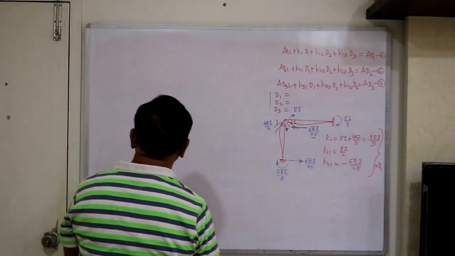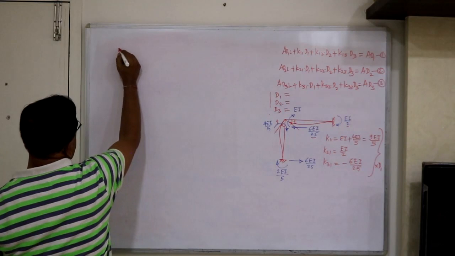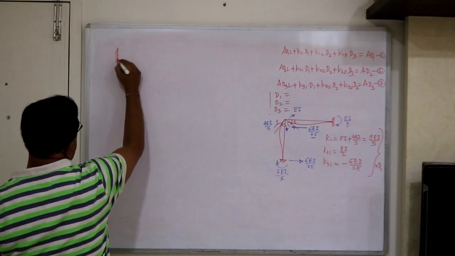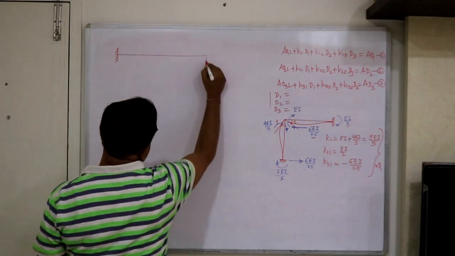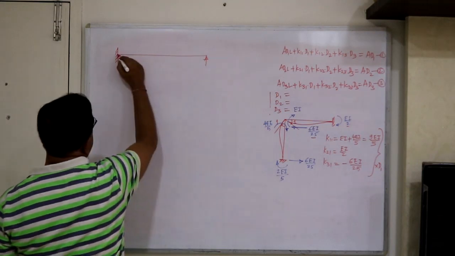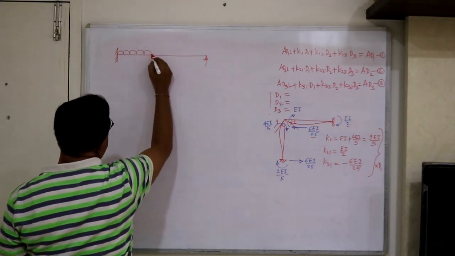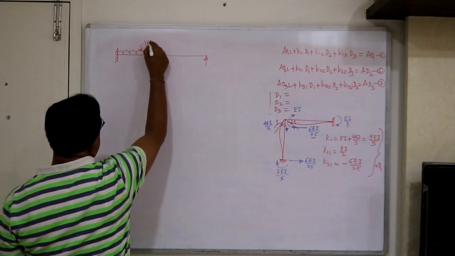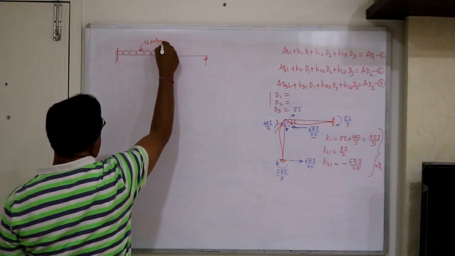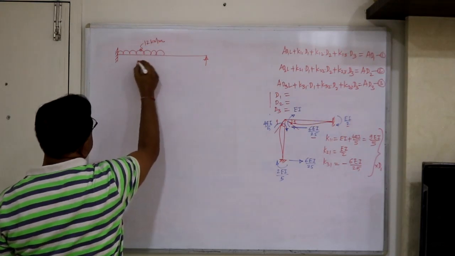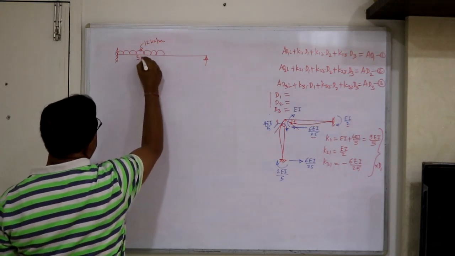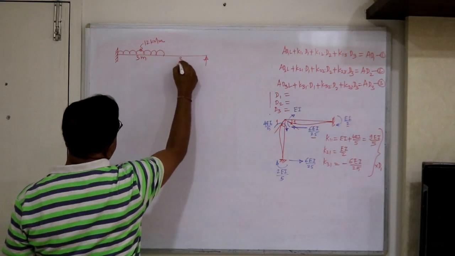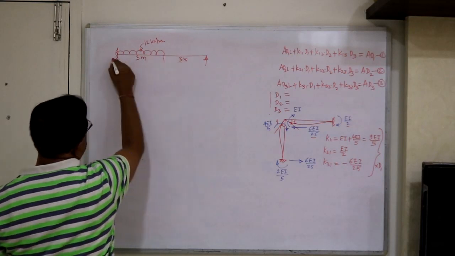I think we have solved this earlier, so you complete this at home as an assignment. Say you take this as 12 kilonewton meter, this is 3 meter and this is 3 meter, and you solve this problem.